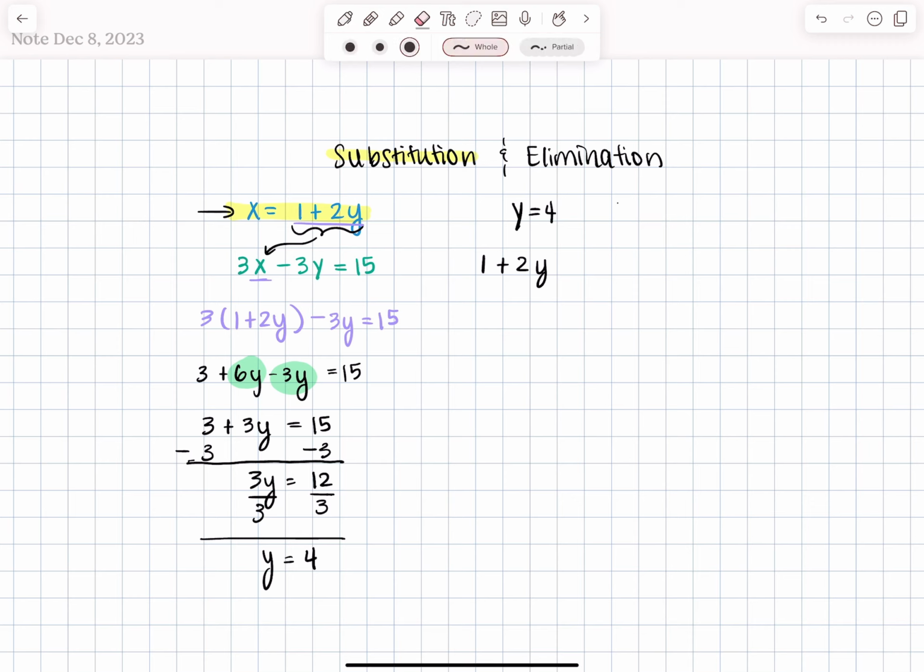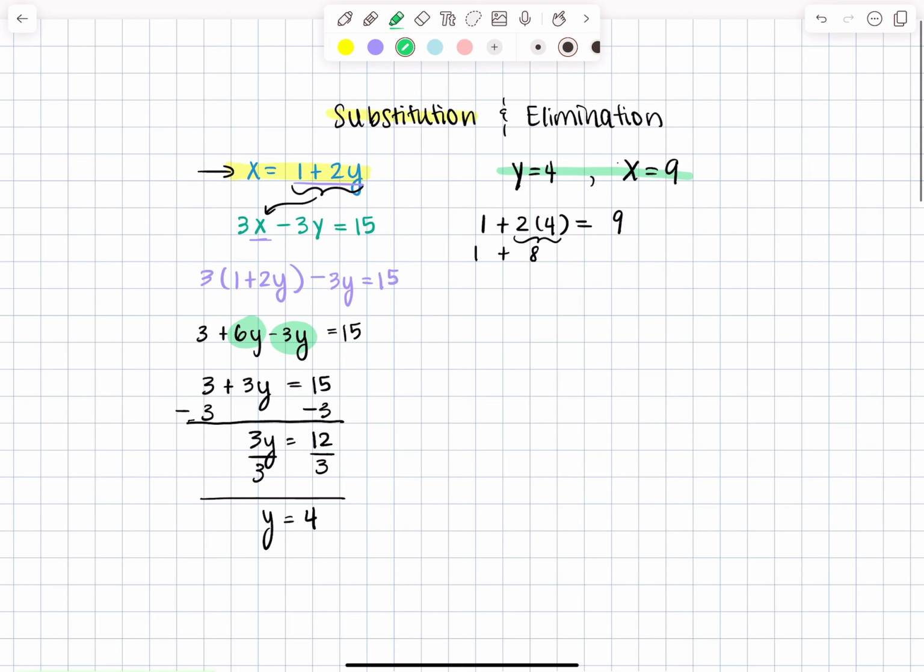So I'm plugging in 4 for y. So 2 times 4 is 8. 1 plus 8 is 9. So x equals 9. So this is your answer: y equals 4, x equals 9.